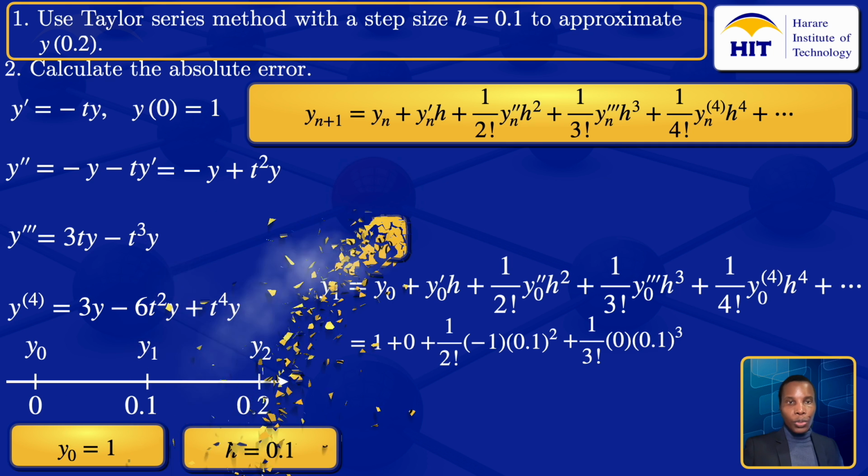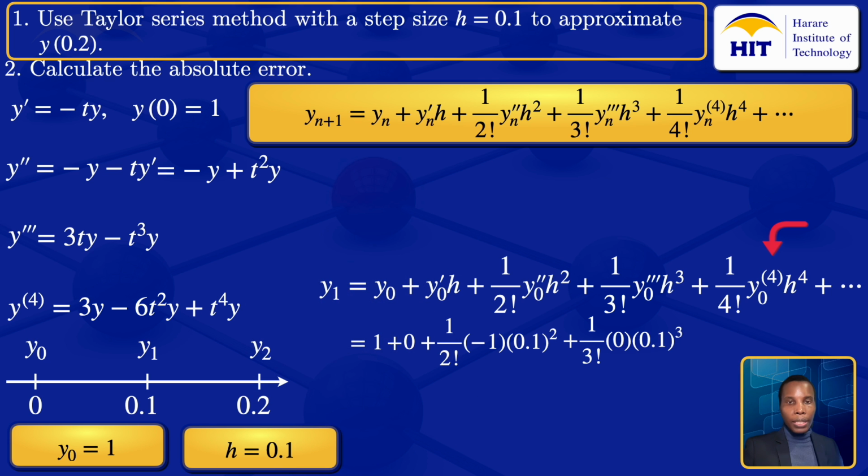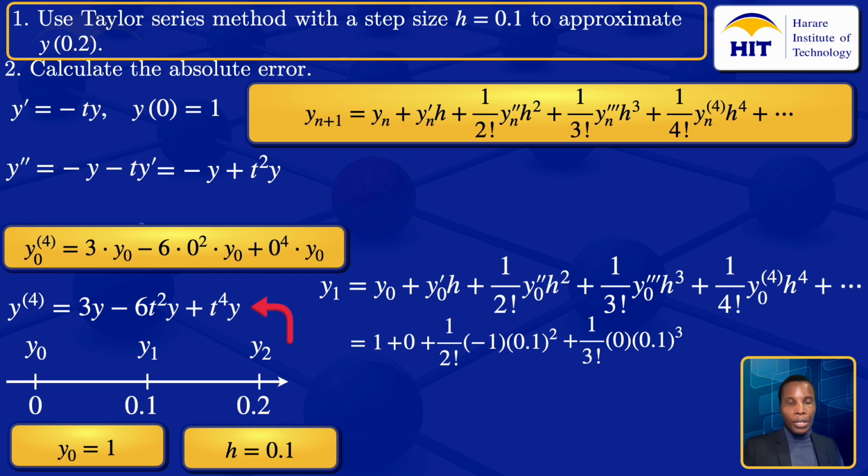And then we move on to the next part where we have the fourth derivative. The fourth derivative at y naught equals 3 times y naught minus 6 times 0 squared times y naught plus 0 to the power 4 times y naught, just because at y naught we are looking at t equals 0, and that simplifies to 3.